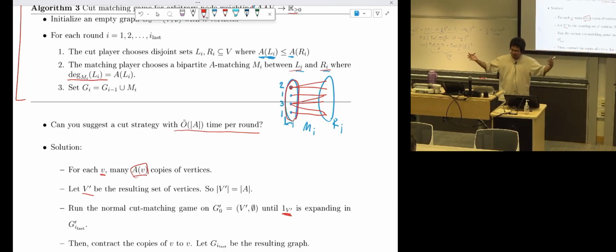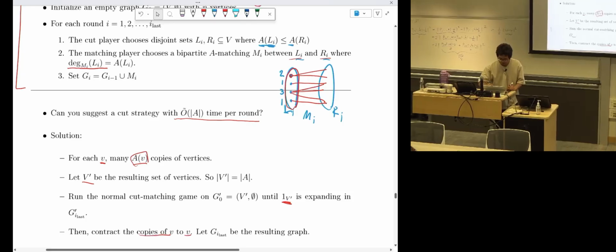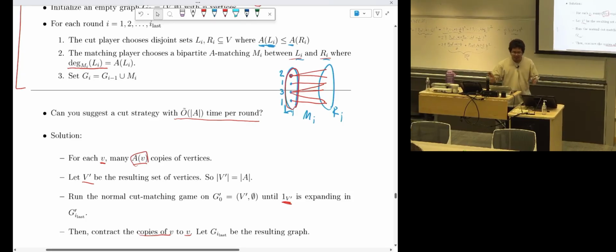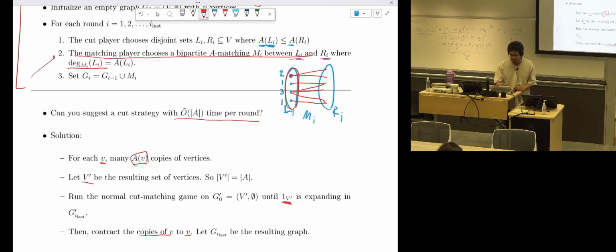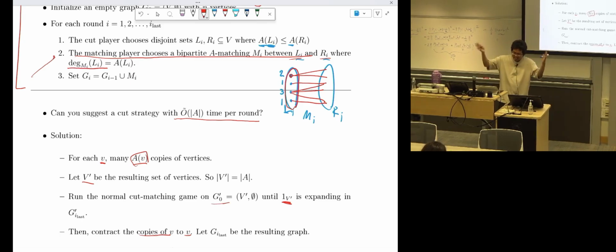And once you are done, then contract all the copies of V to V. Then you can see that the matching player here will correspond to some matching in G prime. It really just mirrors each other like this, and you can solve this.